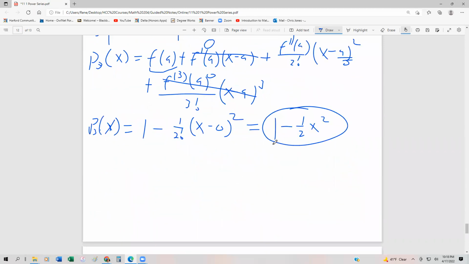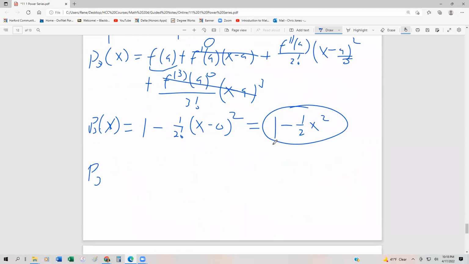So P3 at negative 0.5 is going to be equal to 1 minus 1/2 of negative 0.5 squared. If we really wanted to, we could do this in our heads. It's probably going to work out to be something a little bit less than 1, but I'm just going to plug it into the calculator here.